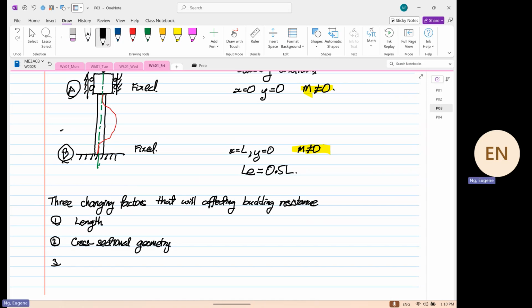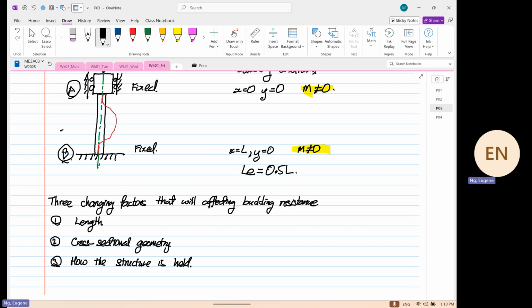And number 3 is how the structure is held. Okay, how the structure is held. These are the 3 things that are very important.